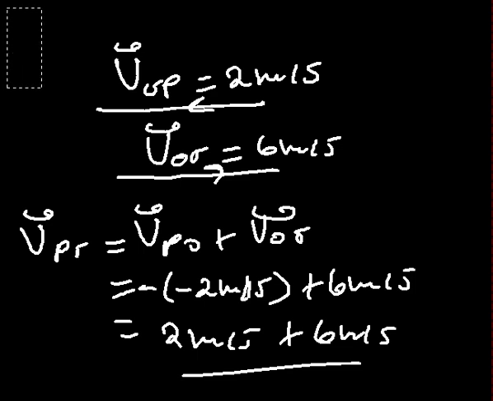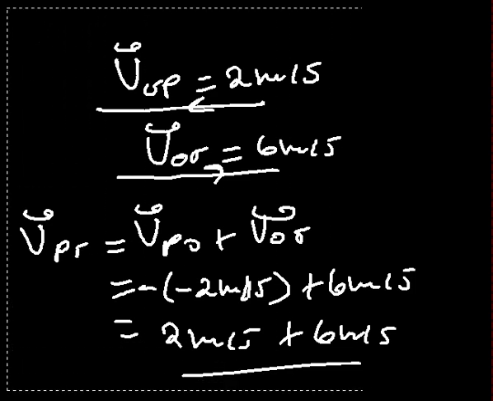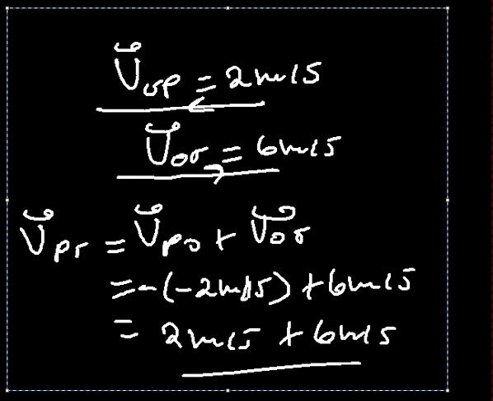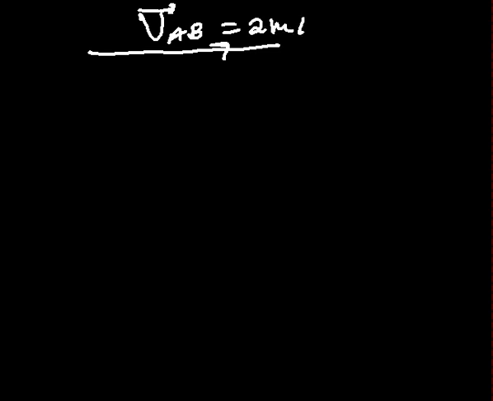And how about the relative velocity in 2 dimensions? What is that? Let's say this is the object moving with a velocity given as Vab, let's say 2 meters per second, like that.